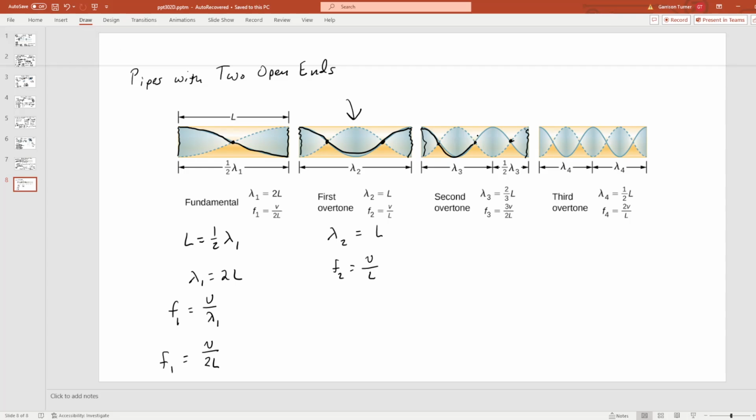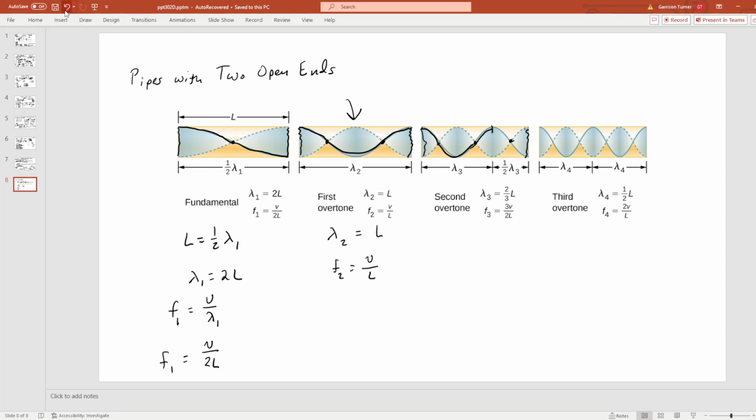My wavelength ends right here. Okay, so there's my wavelength. And I have 1, 2, 3, 4 sections, but I have 6 possible half wavelengths, right?